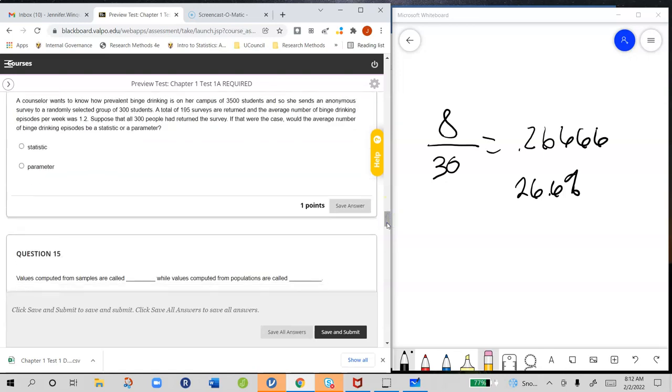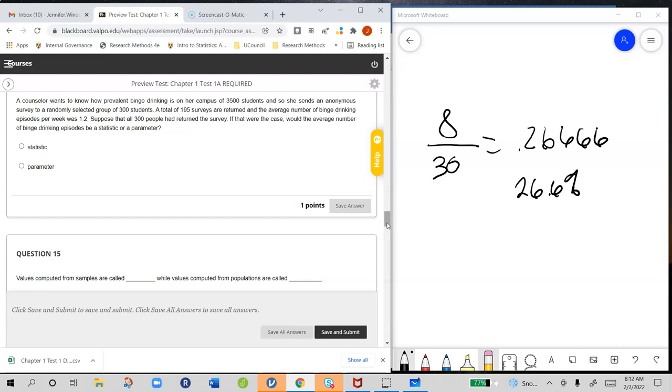Okay. Next, a counselor wants to know how prevalent binge drinking is. Same example as before. And now we're saying, suppose all 300 people returned the survey, right? Originally we said that a total of 195 were returned and the average was 1.2. What if we received data from all 300?